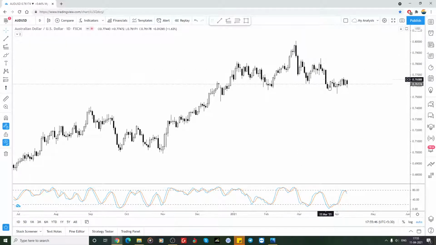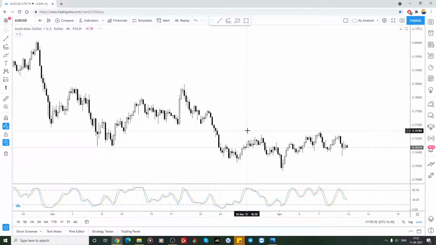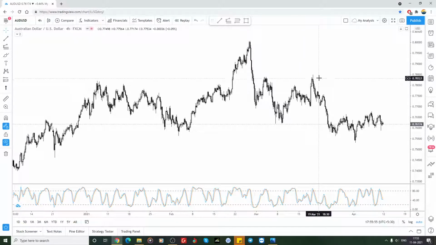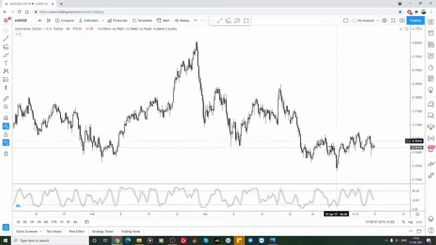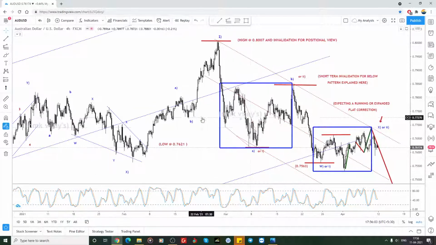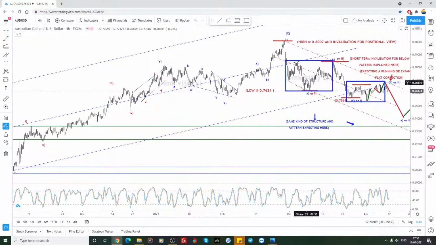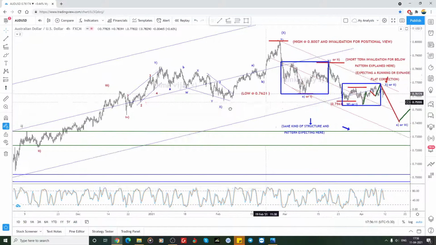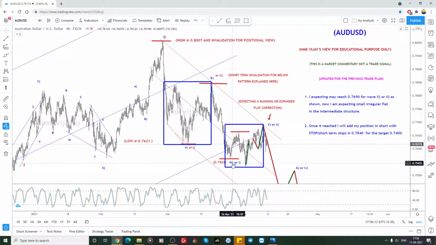It's a B C, and sometimes, 1 2 3 4 5 is A, so B, 1 2 3 4 5, C. So one simple correction has been completed, whether it is completed here or here.